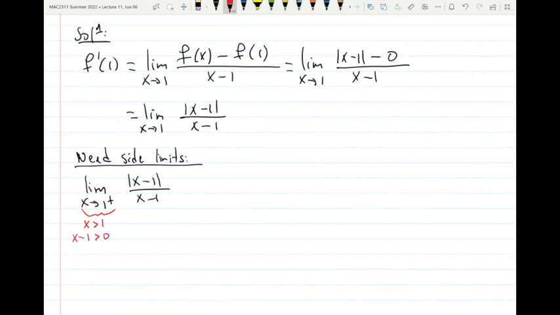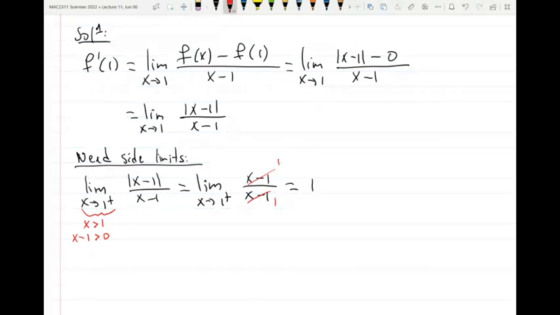So that means that in this limit, this quantity is positive. So what can we do to the absolute value? We can just remove it, right? Because the stuff inside is already positive, the absolute value is not doing anything there. So I can just remove it. So what is this limit? This is 1, because remember, you can simplify before you take the limit. You simplify, and then we get the right limit is equal to 1.